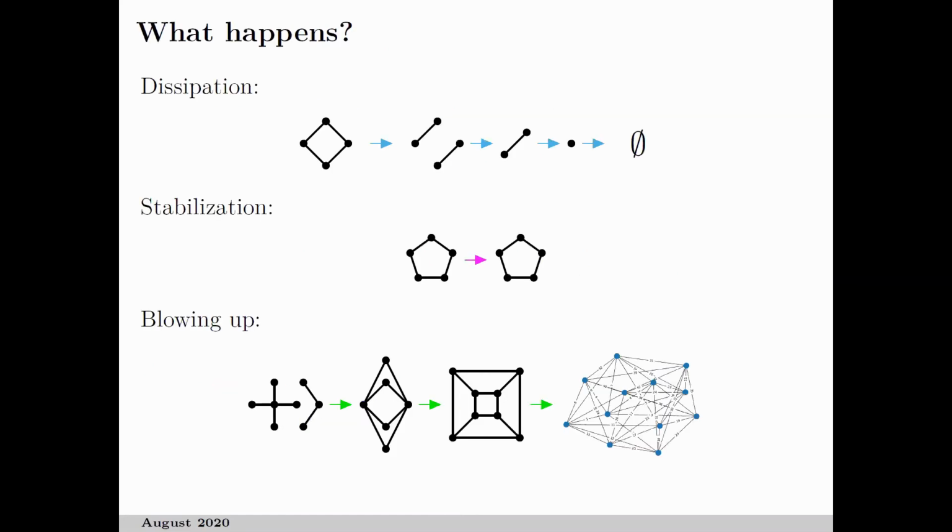What happens when we take repeated matchings? Well, there are 3 possibilities. The first, as we have already seen, is that the graph dissipates. If the graph returns itself as its matching complex, then we say the graph stabilizes. Lastly, the graph could blow up. As we continue taking the matching, we accumulate more and more edges.